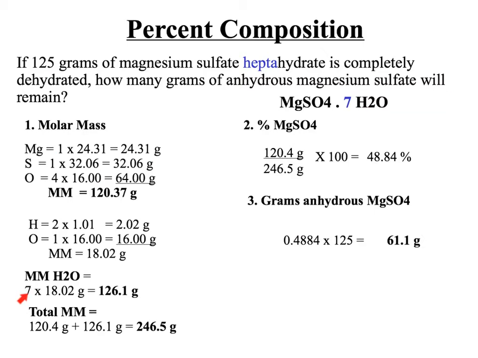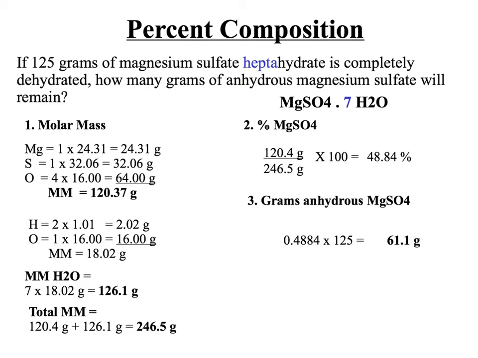Because we have 7 waters, we multiply 7 times 18 and get the water mass as being 126.1. We calculate the total molar mass by adding up the molar mass of the magnesium sulfate and the molar mass of the water, getting a total molar mass of 246.5.